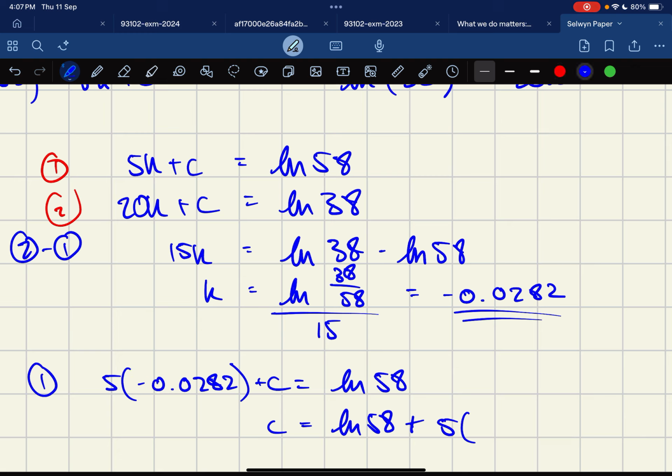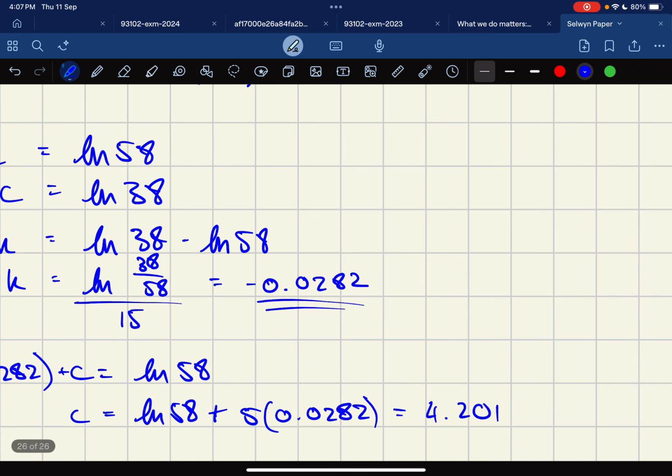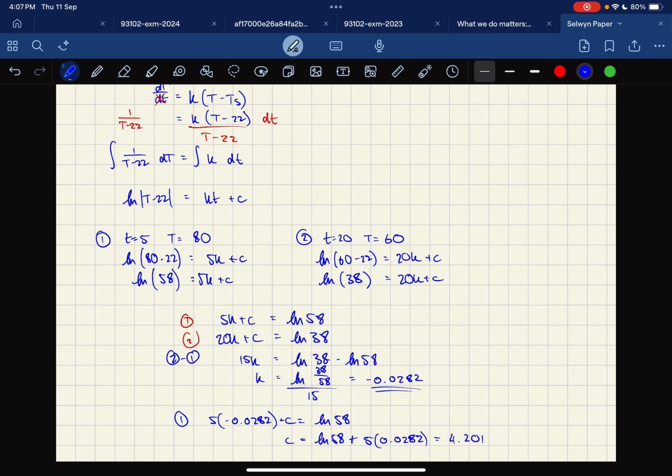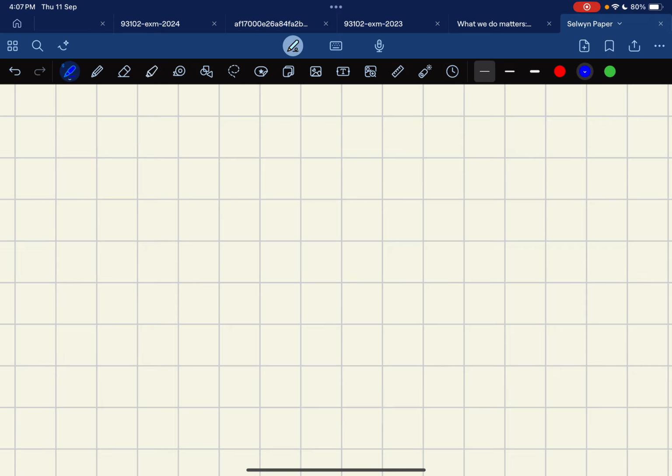And what c value does that give you? That gives me 4.201.